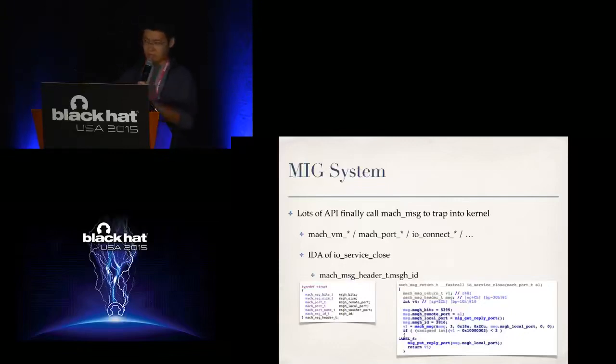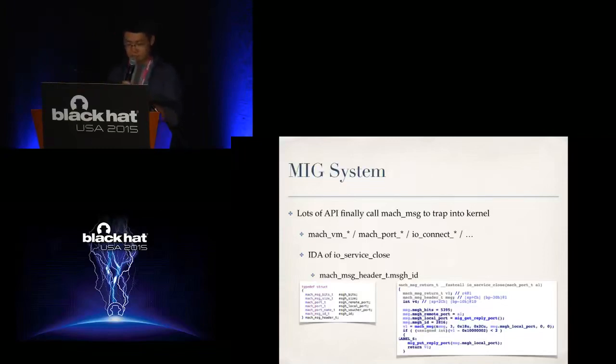After I talk about the IOKit traps, we move to another part, the MIG system. The MIG system is basically a very, very low-level API called mach_msg. Actually, a lot of APIs finally call this one to trap into the kernel and dispatch the messages in the kernel.